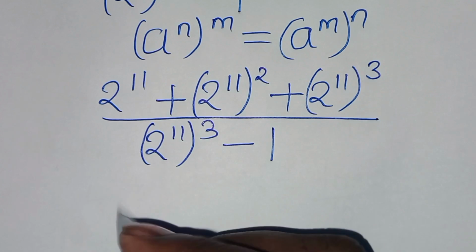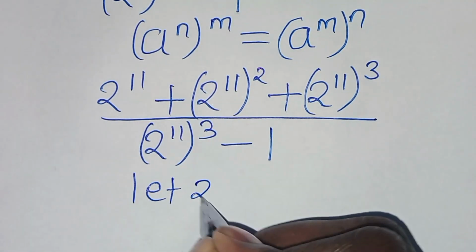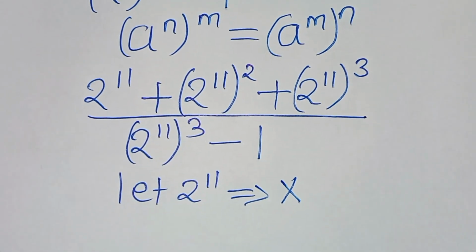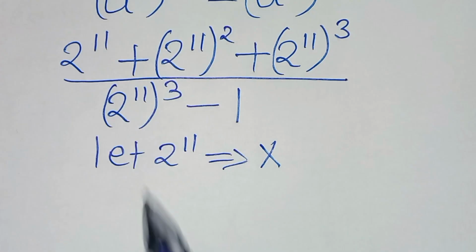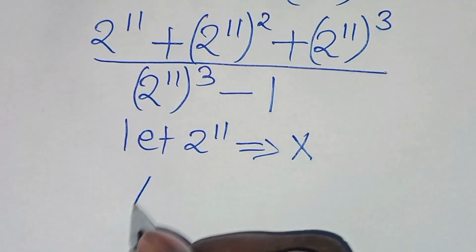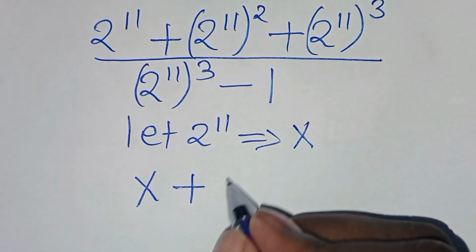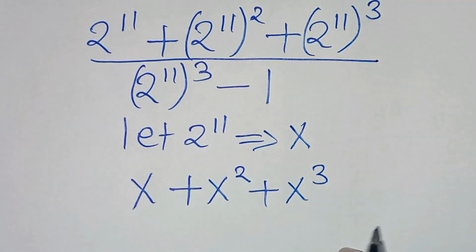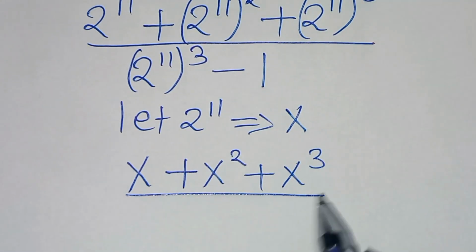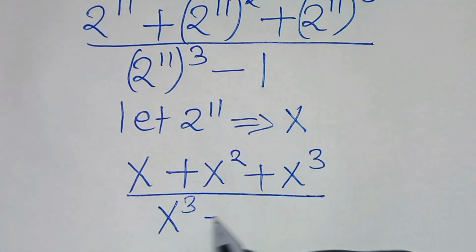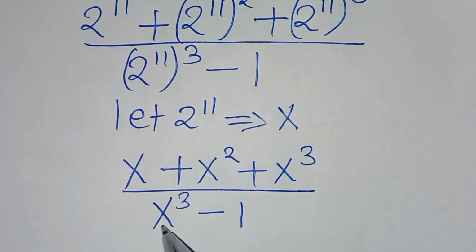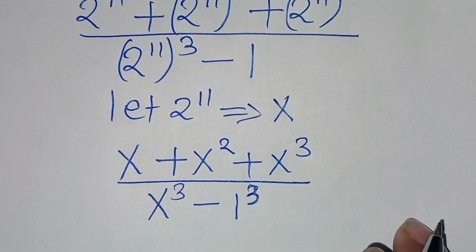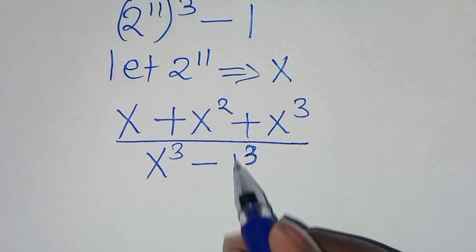The next step is that we can write 2 to the power 11 equal to x. So in the numerator we have x plus x squared plus x to the power 3, divided by x to the power 3 minus 1, which you can express as x to the power 3 minus 1 to the power 3.